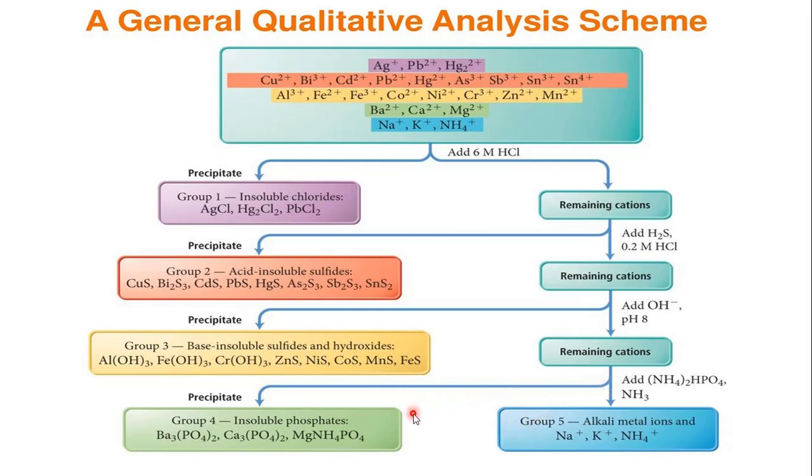Or to precipitate the fourth group radicals you add ammonium hydrogen phosphate. So like this you can precipitate the radicals in qualitative analysis using this common ion effect.